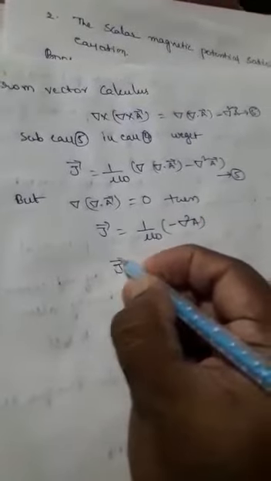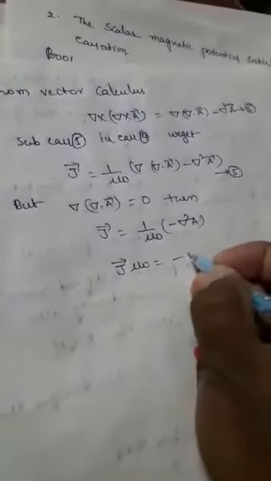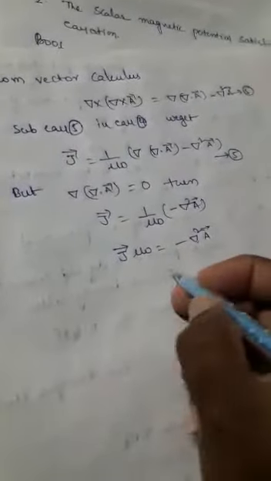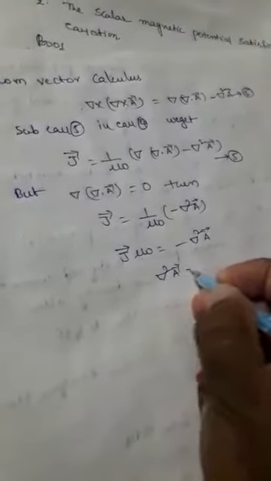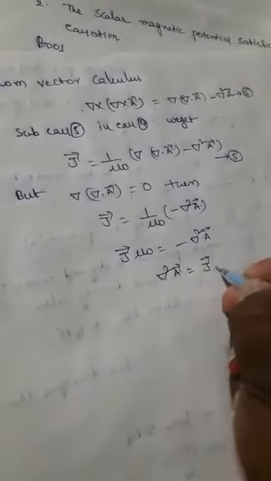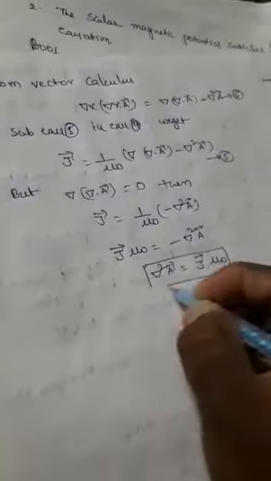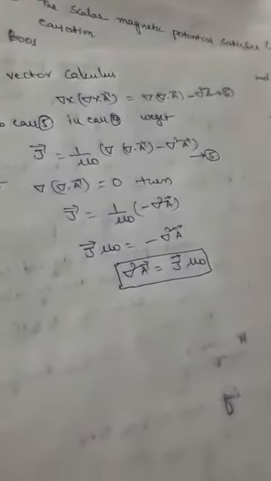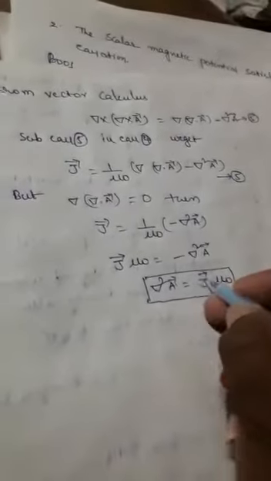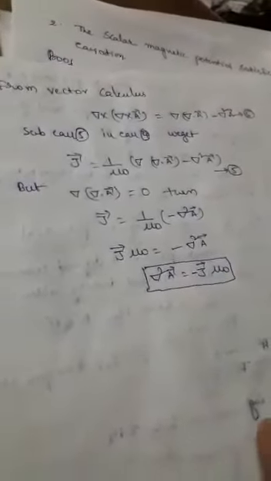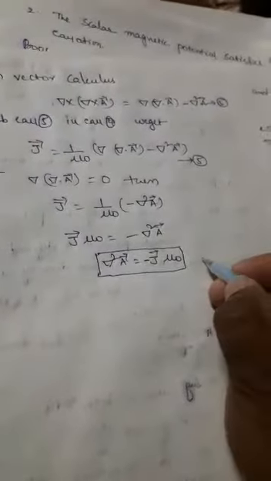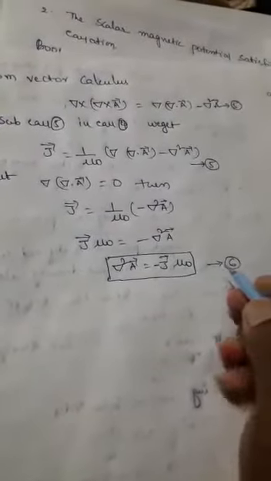Then J bar into mu naught is equal to minus del square A bar. So del square A bar is equal to minus J bar into mu naught, which is equation number 6.